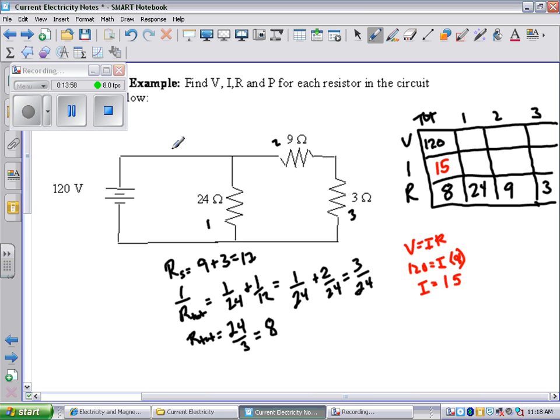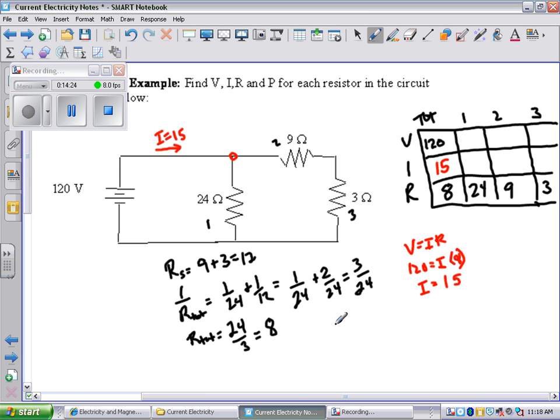Now this one's going to be different than our last one because the 15 amps is going to come out of the battery and go down this wire. But then it's going to split at this point before it gets to resistor 1 or resistor 2. So in the last one I could fill out this I1, but I can't do that for this one. So I can't use a junction rule, so I'll do a loop rule. And again, I'm going to look at the left loop first.